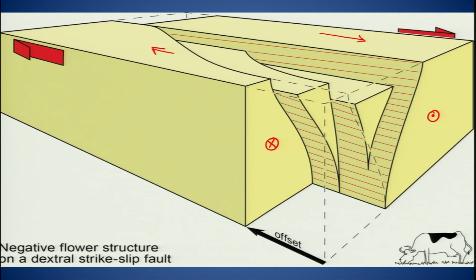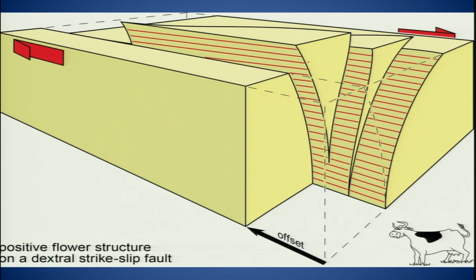So you'll see the negative flower structure where we are seeing extension basically. So you are able to see extension here. Again a similar one, but here this block is moving towards you, this is away from you, but you see the positive flower structure, that is your compression.